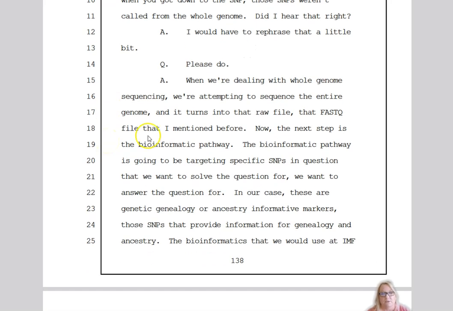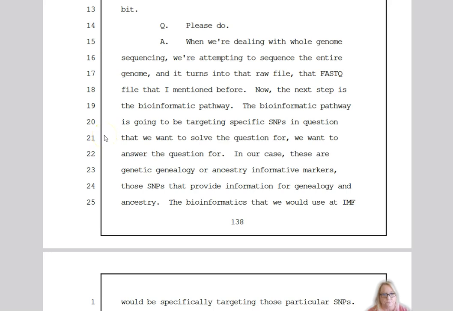He says, I would have to rephrase that a little bit. When we're dealing with whole genome sequencing, it's a whole blueprint, we're attempting to sequence the entire genome, and it turns into that raw file, that FASTQ file I mentioned before. The next step is the bioinformatics. That only targets specific SNPs to what they want to solve the question for.